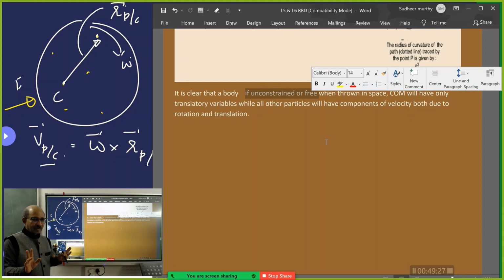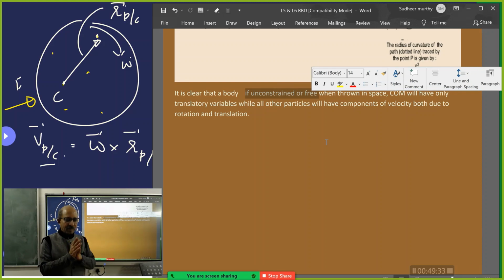See, please appreciate and understand the meaning here. In this context, it means the body is able to freely rotate. Supposing it is touching some body or some force is pushing it, no, nothing like that. It is able to freely rotate. That is what I mean. Got it?